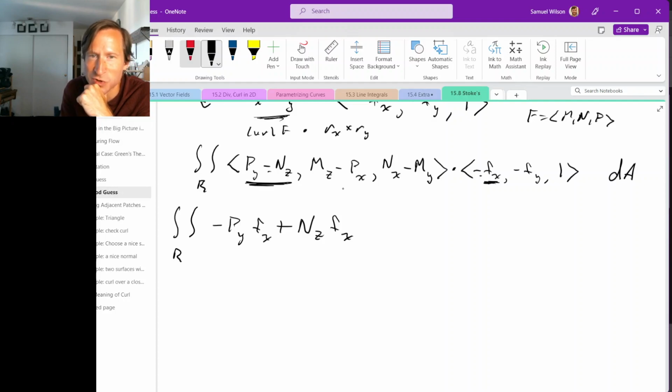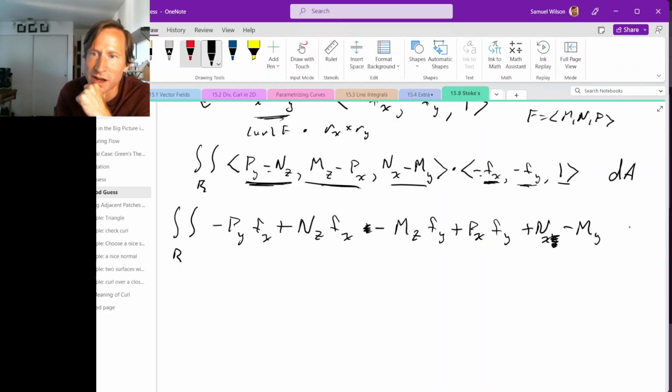Okay, that's for the x coordinates. Now for the y coordinates, distributing minus f sub y over this stuff, minus M sub z f sub y plus, because it's minus minus, P sub x f sub y, and now the z product, plus N sub x minus M sub y, dA.